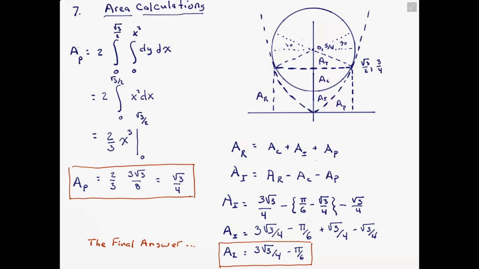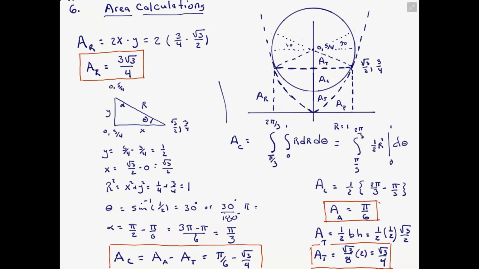We have the area A sub C that we need. So we have the area of the rectangle and the area A sub C that we need.